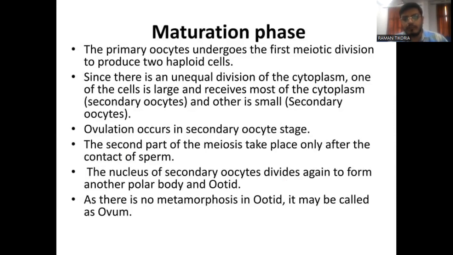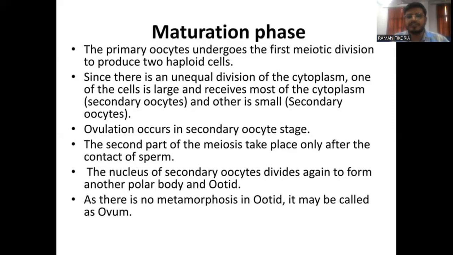So if one asks you what is an example of asymmetrical cell division, oogenesis is the example, because here one cell contains all the cytoplasmic content, whereas the other contains no cytoplasmic content. That is now differentiated further into polar bodies, right?